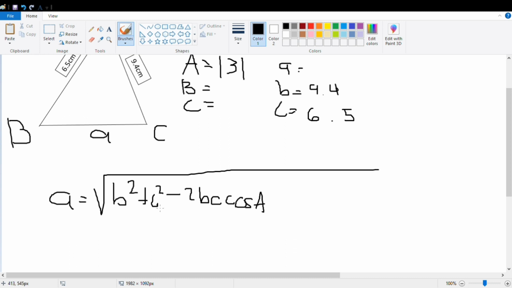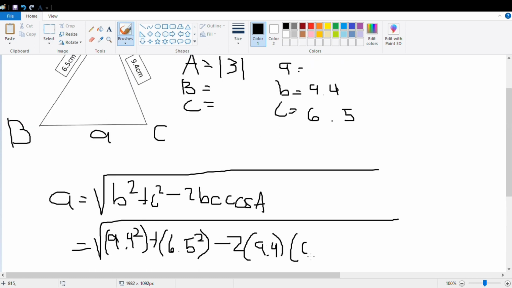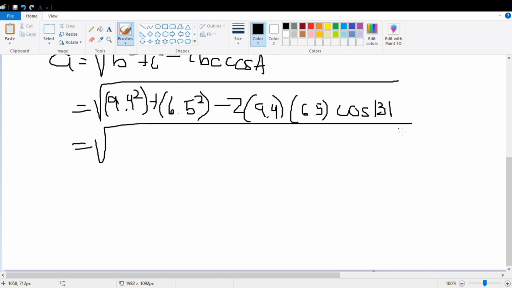Next is to substitute the values. And next is just to follow the equation.